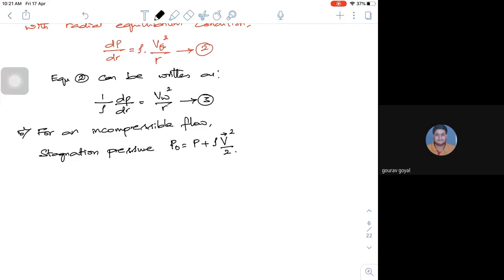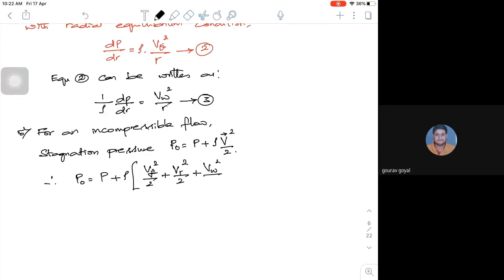Now, as I told, in this particular flow, my V is 3-dimensional. Therefore, I can write P naught is equal to your static pressure P plus rho into, we have all the components, that is Vz square by 2, which is Vf, and you have your Vr square by 2, then your Vw square by 2.